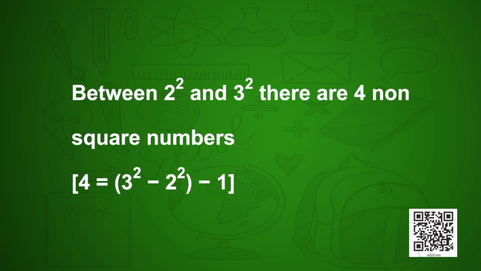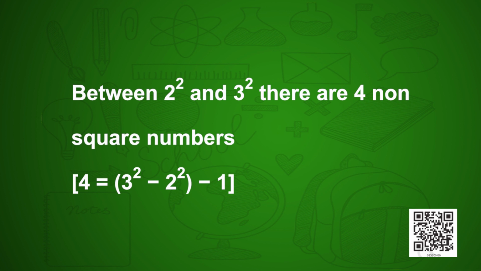And then observe here, we can write 4 as 3 square minus 2 square, that is 9 minus 4, we get 5, minus 1 is equal to 4. So, we can write this 4 as 3 square minus 2 square minus 1. Remember the pattern that we are writing. Whenever we have a square number, say 4, we are reducing it by 1 and taking the squares of that number and then the number less than that.